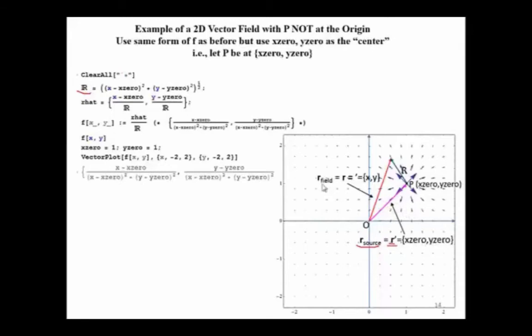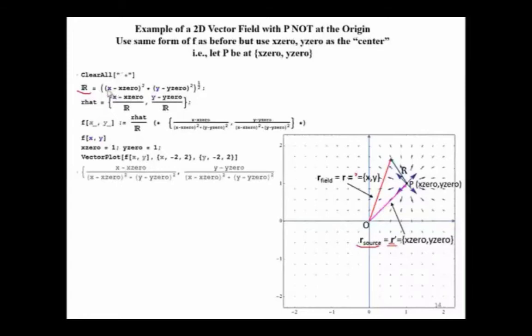The field point, where we're interested in finding out what the field looks like, is r, equal to x, y. So it's this funny r, which is the important vector, because that gives us the relationship between wherever things are starting to where we're interested, and that's this funny r. Here it's a vector. Here it's a scalar because it represents the length of this funny vector. Well, what is that length?